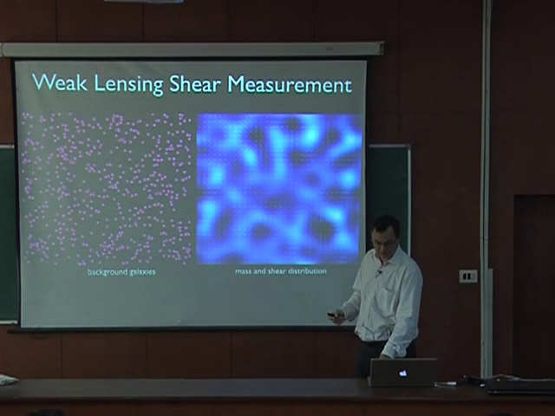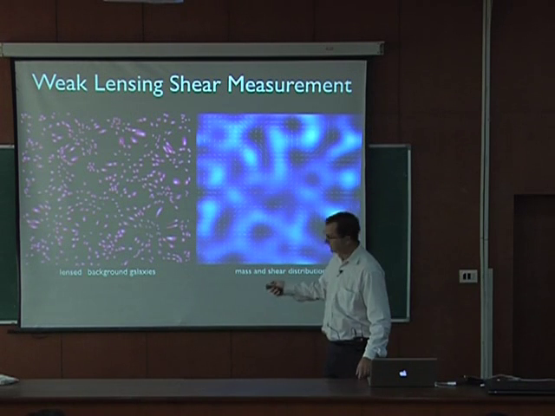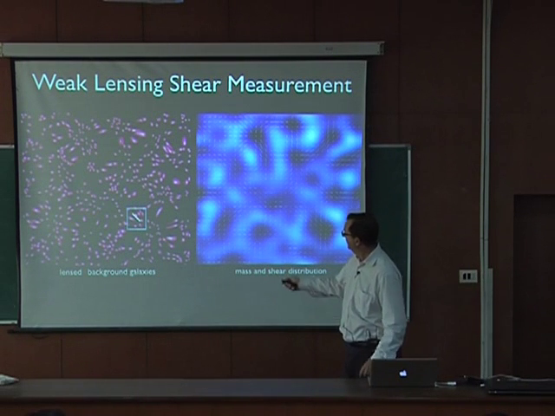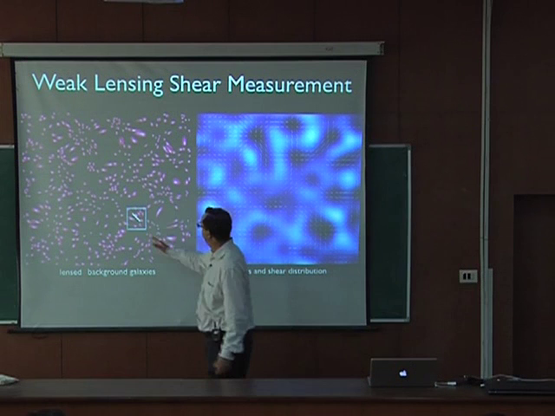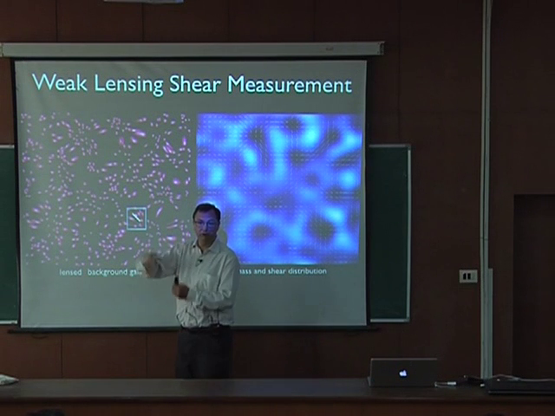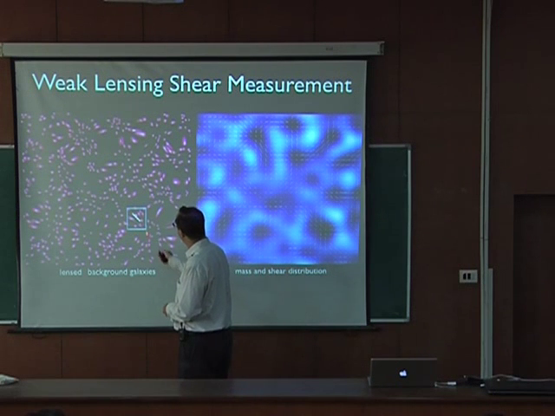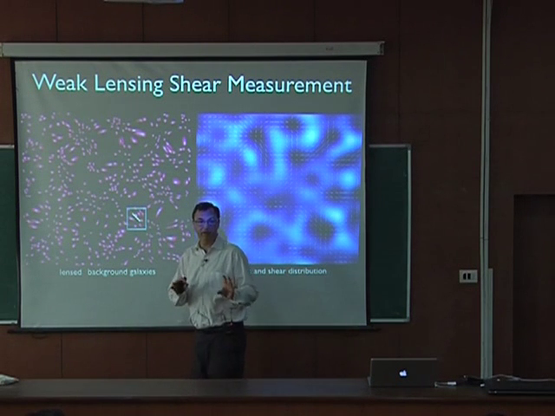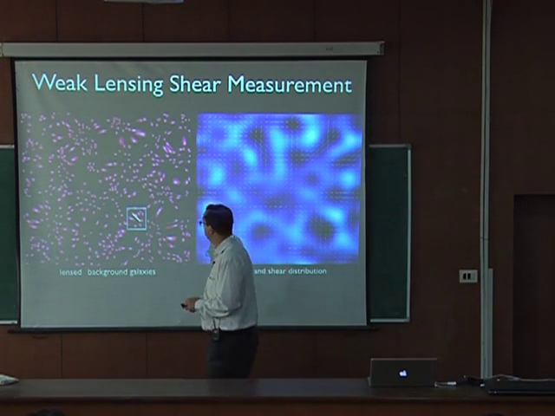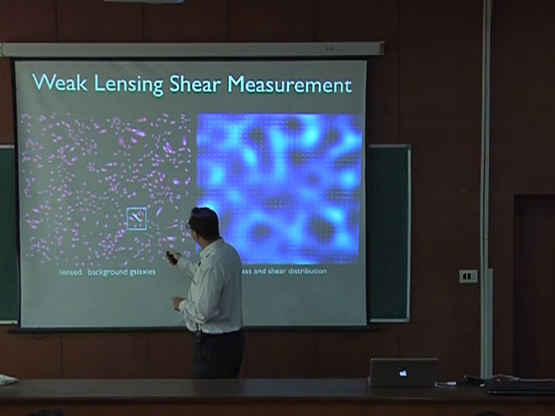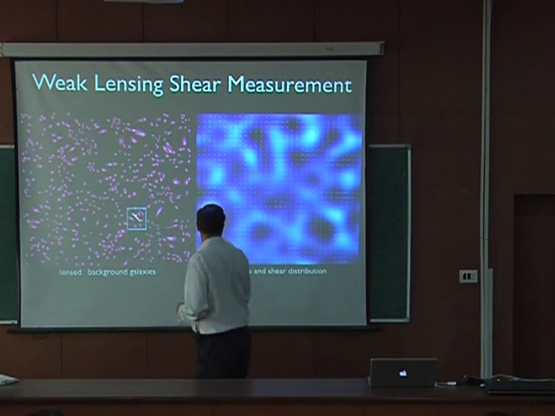They would all be circular on average. But if we have lensing, then they would all tend to be aligned in this direction because they have all been stretched by the same lensing effect. So if we measure the average shape, and again I'll tell you exactly how one does this precisely, if you measure the average shape, then you can infer the shear.